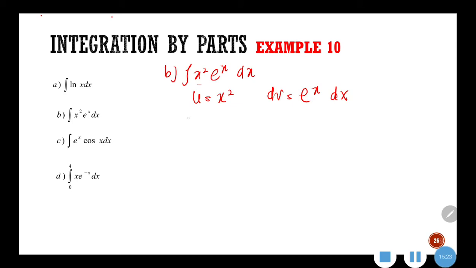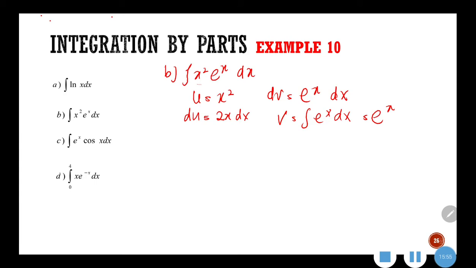So from here we have du equals 2x dx. Okay, du over dx is equal to 2x, so that's why du is equal to 2x dx. And then for v, integrating e to the power of x dx, we get back e to the power of x, but its power is only x.